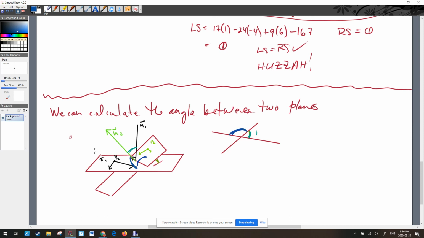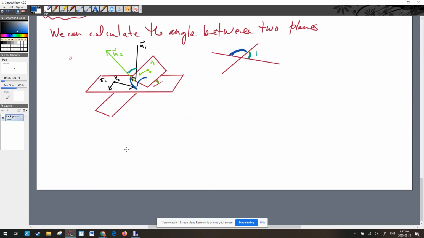The normal vectors are both 90 degrees to the plane, but because they're both shifted 90 degrees, the angle between the normal vectors can actually tell us what the angle between the planes is going to be. And so we're going to revert back to finding the angles between two vectors.